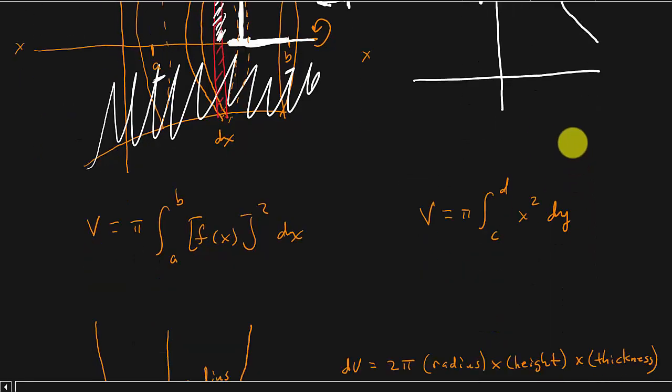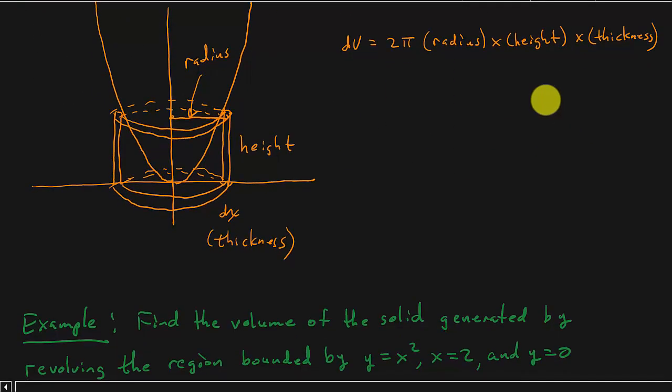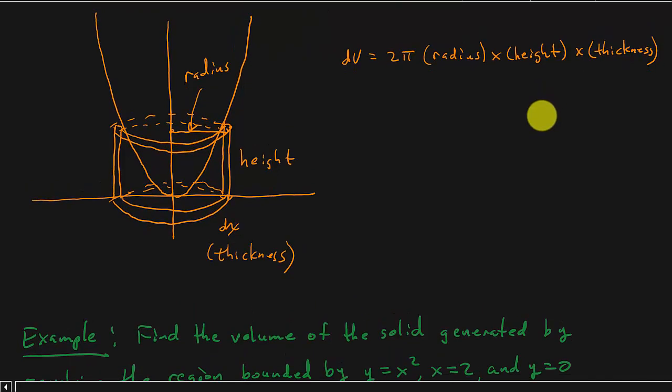All right. Now, the other method we have is the shell method, or you'll see it called cylindrical shells. It's the same thing. And what we're doing is we have a cylinder here, and we're getting the volume of that cylinder, and we're summing those up.